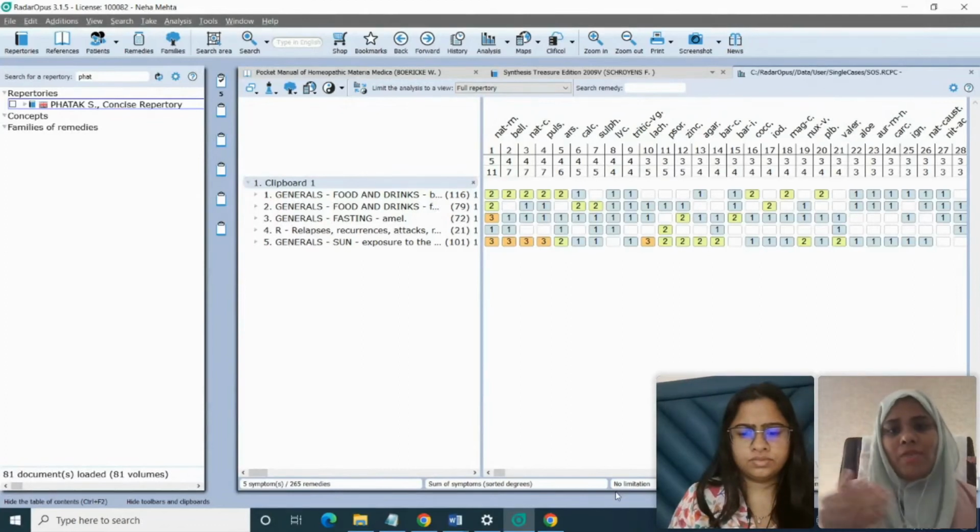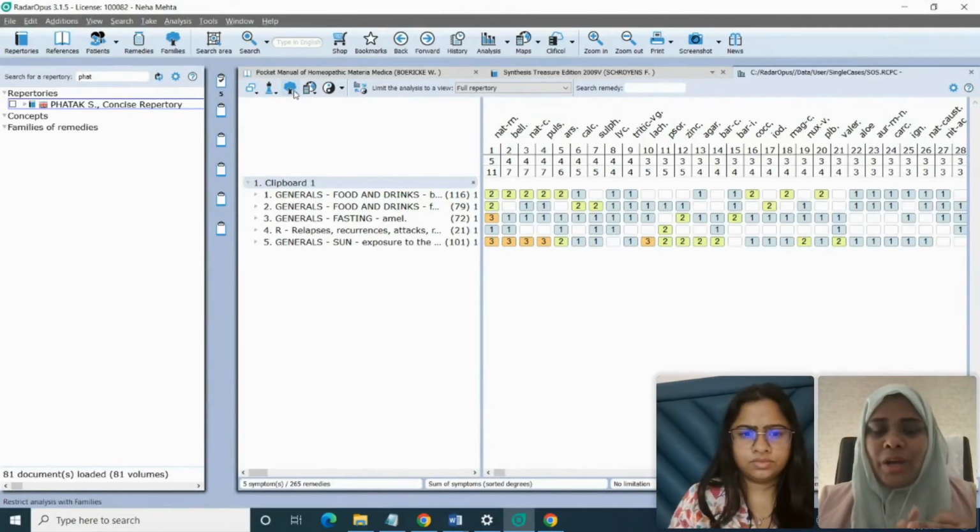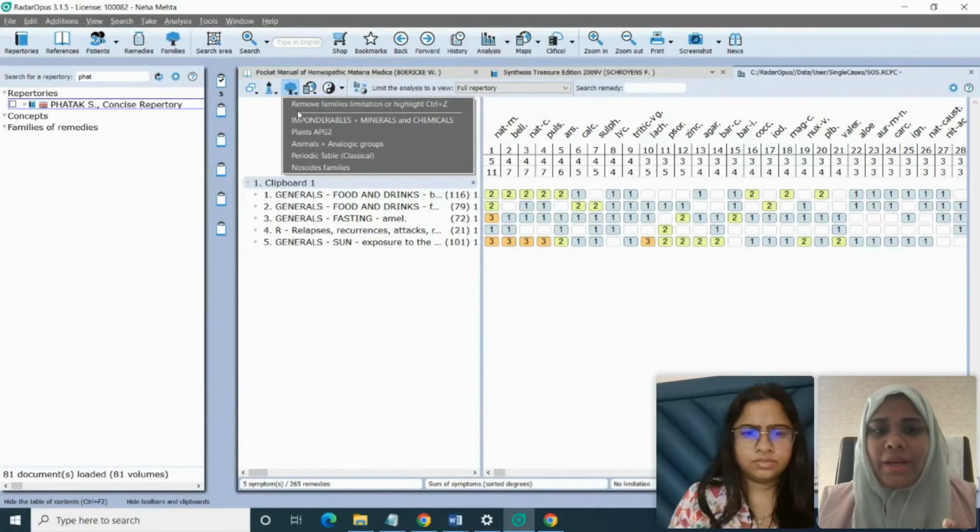And now what I will start doing is reducing, or eliminating, the possibility of other remedies. So what I see throughout is a huge picture of mineral remedies coming up. You have Natrum, Natrum carb, Aurum, Natrum, Zincum, Baryta carb, Baryta iod.